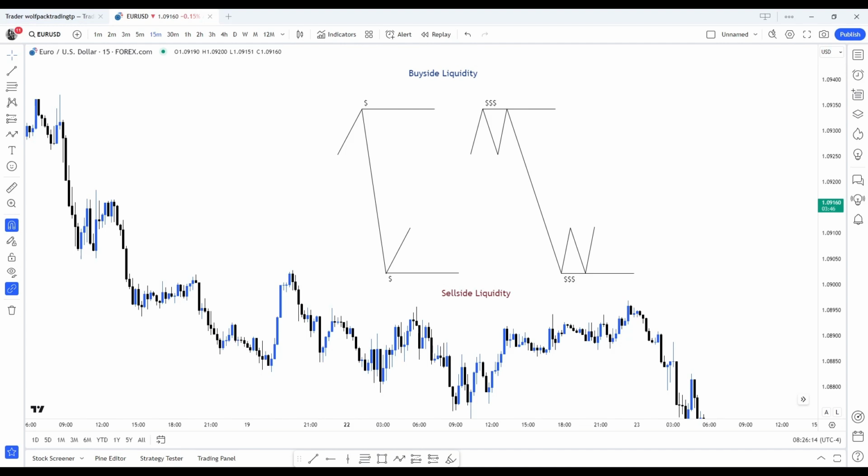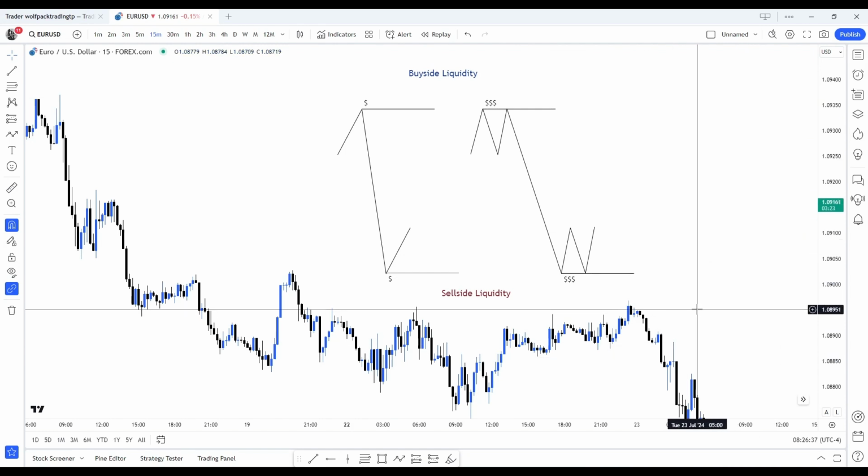Today the first technical point that we're going to jump into is liquidity pool theory. As you may or may not know, liquidity rests above old highs and below old lows. In this depiction, below old lows we have sell side liquidity, above old highs we have buy side liquidity.